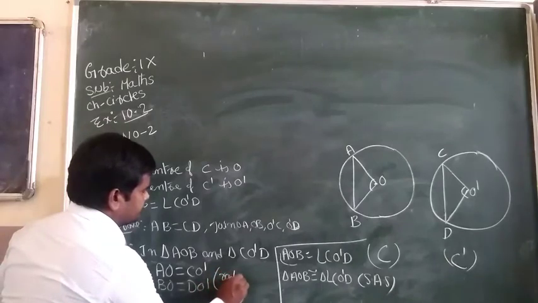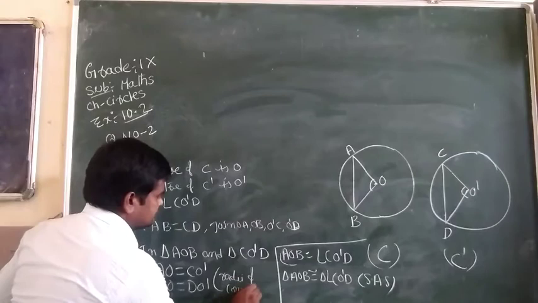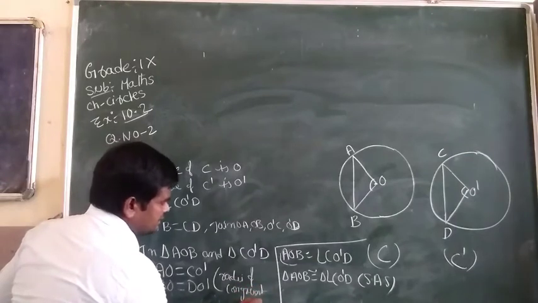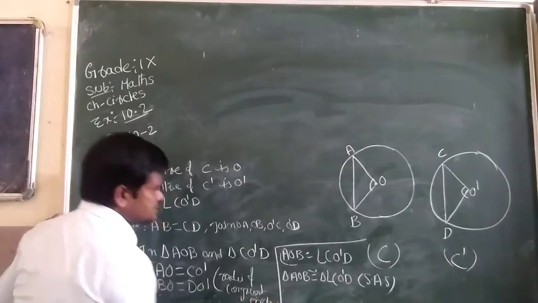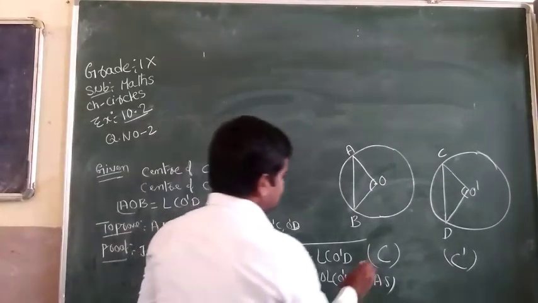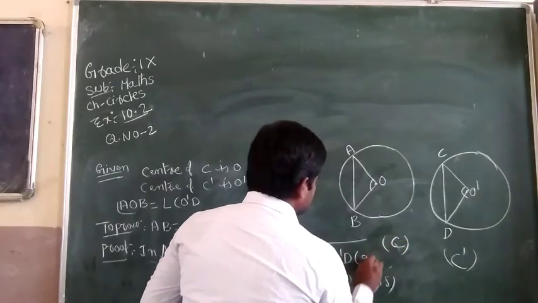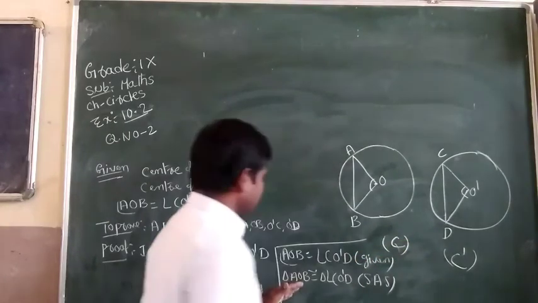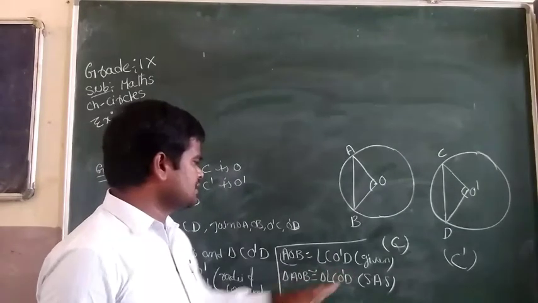Radii of congruent circles are equal, this is the given. So these two triangles are congruent.